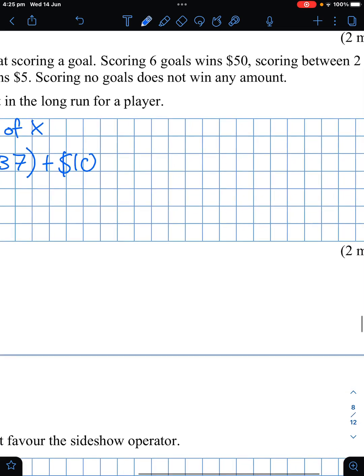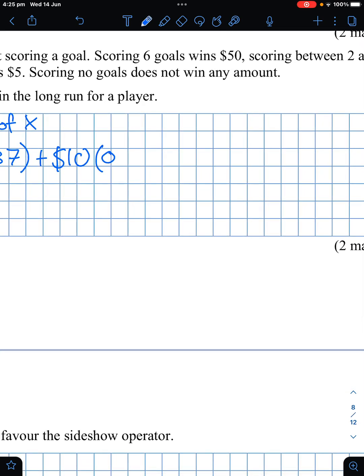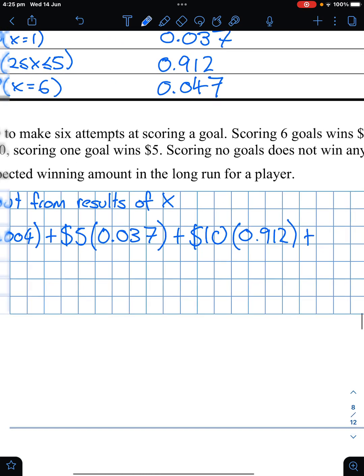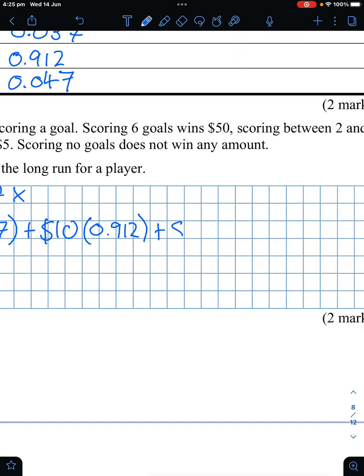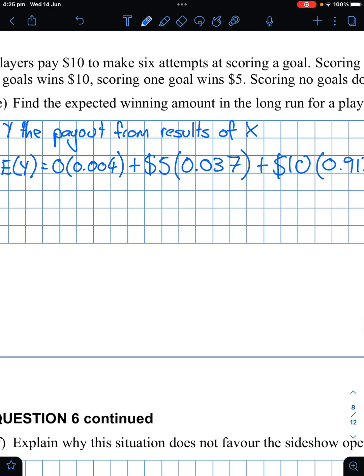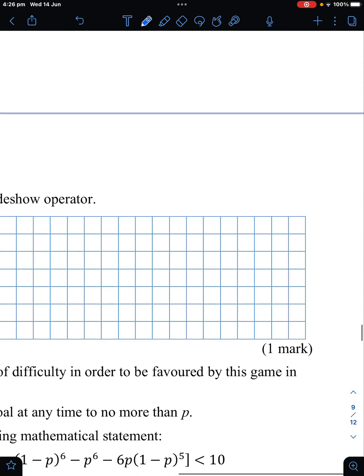So 10 times 0.912, and then we've got plus. Our last one here is you can get $50 if you score all 6. So we've got 50 times 0.047. So that's to find the expected amount, and when you put it in your calculator, it is going to be approximately $11.65.